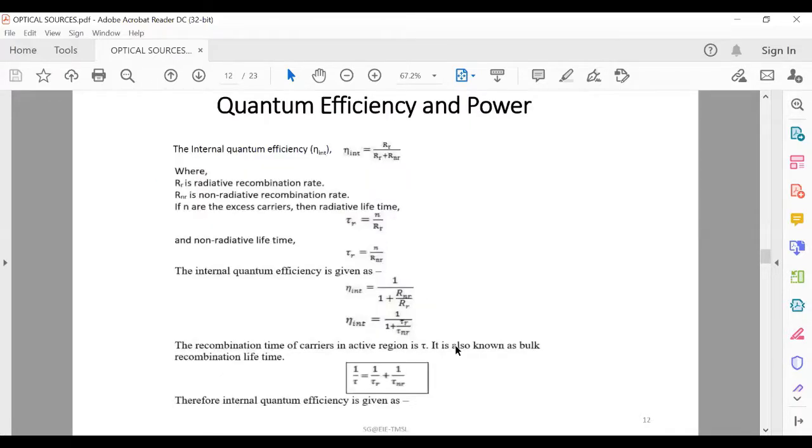Now to find out the quantum efficiency and power, some relations must be maintained, and they can be used to calculate this efficiency and power.